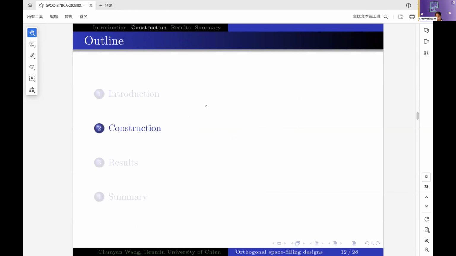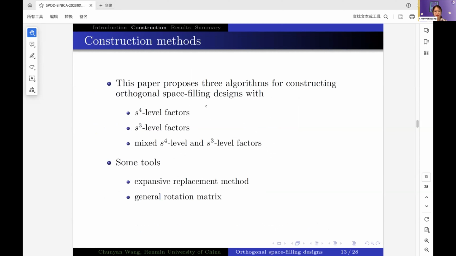So the second part is the construction of the space filling designs. In the first section, we showed that we want to construct designs with good space filling properties. And in section 2, we show how we can construct such designs. The details of the construction method may be a little complicated, but we summarize them in 3 algorithms here.